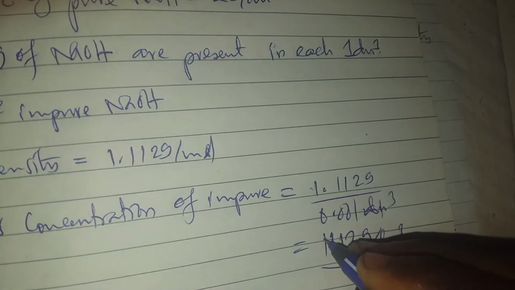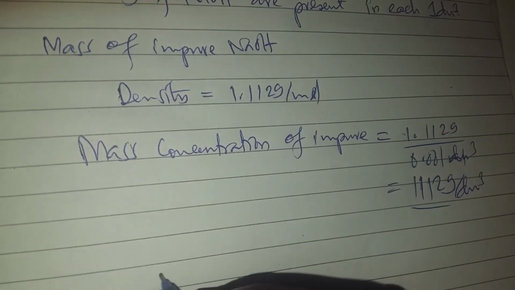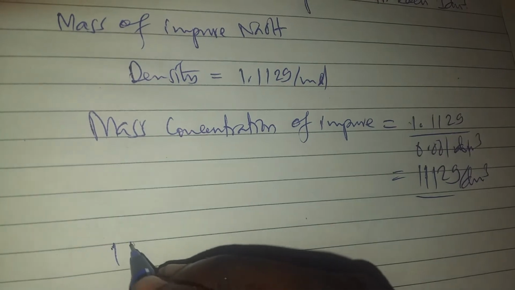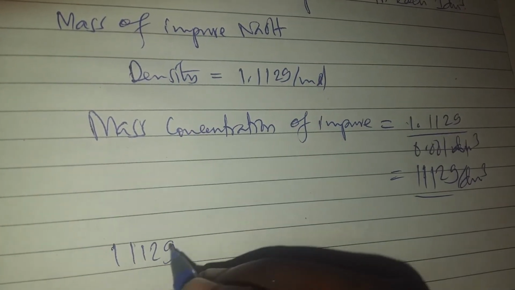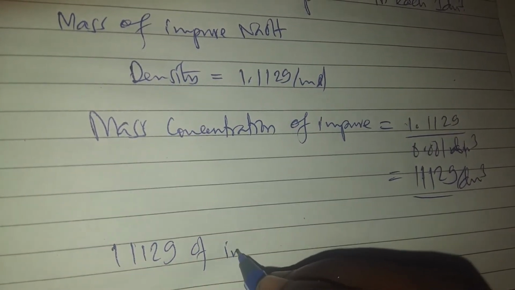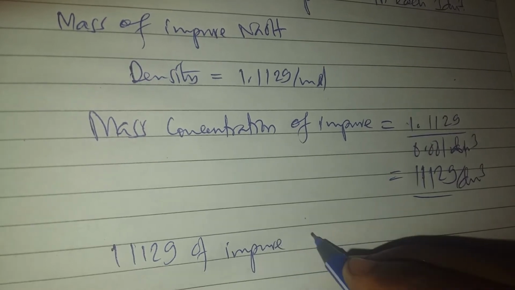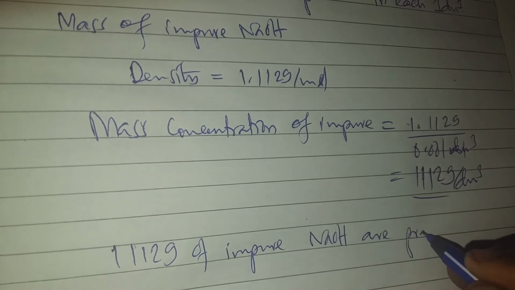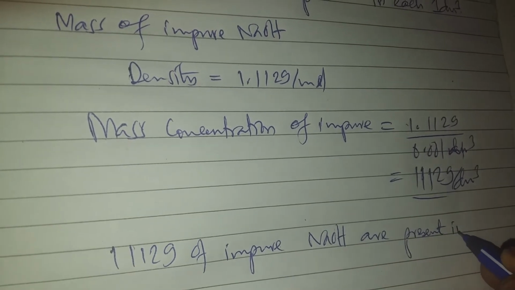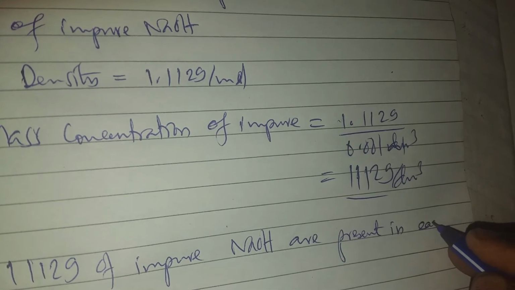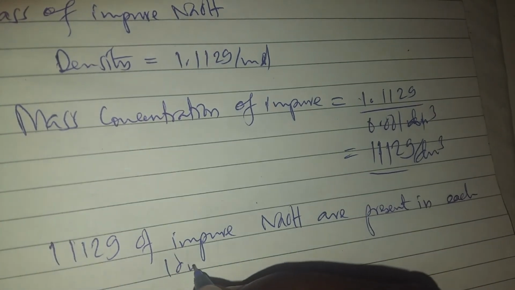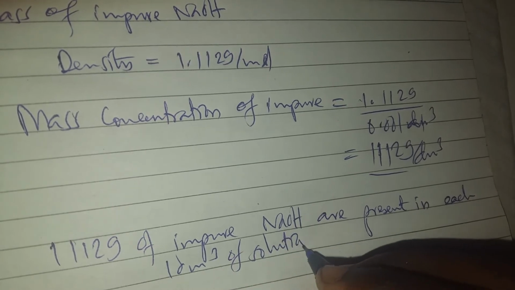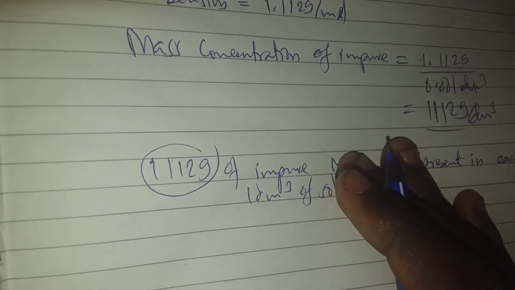So what we get at the end is that 1112 gram of impure sodium hydroxide are present in each 1 dm cube of solution. All this is the total mass of solution.